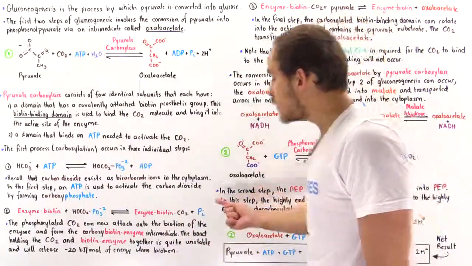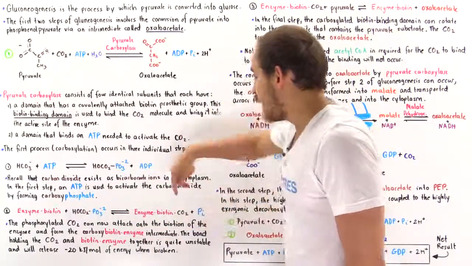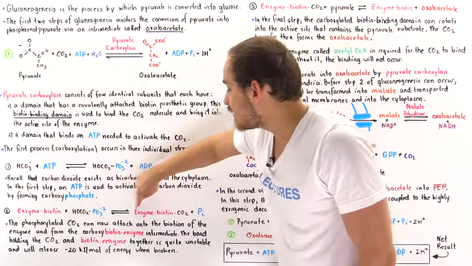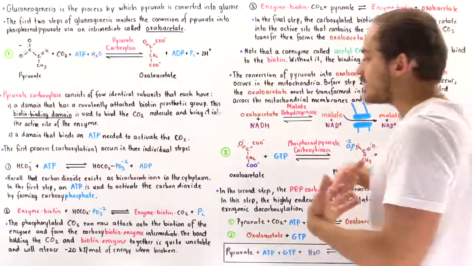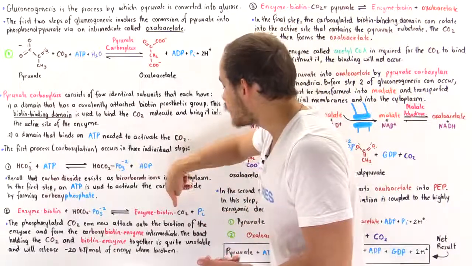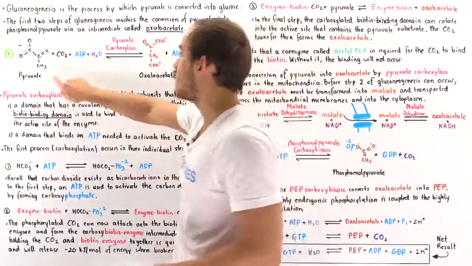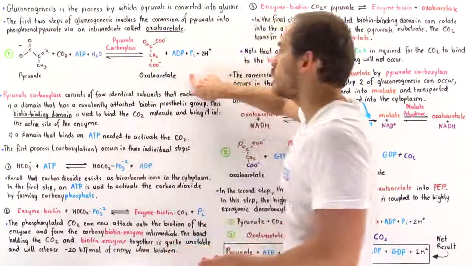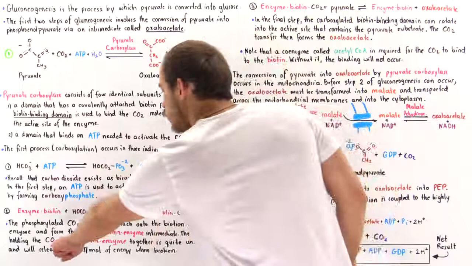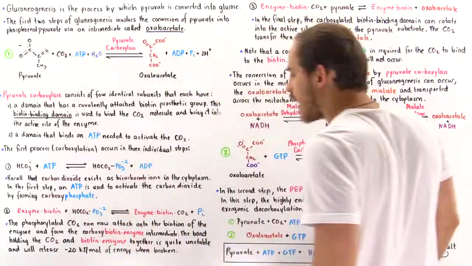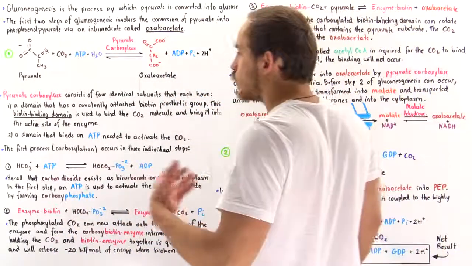And so that's exactly why we call this an activated bond, because it's very reactive, and in the final step we're going to use this high energy in the bond to attach that molecule onto that pyruvate to form the oxaloacetate. So once again, the bond holding the CO2 and the biotin enzyme together is quite unstable and quite reactive.